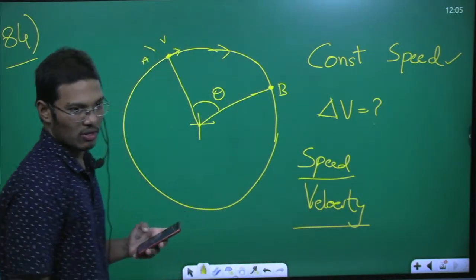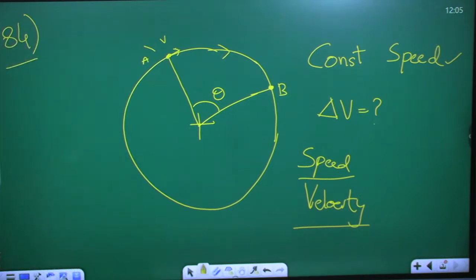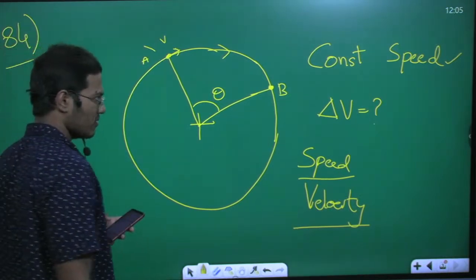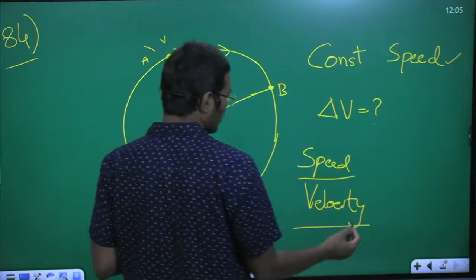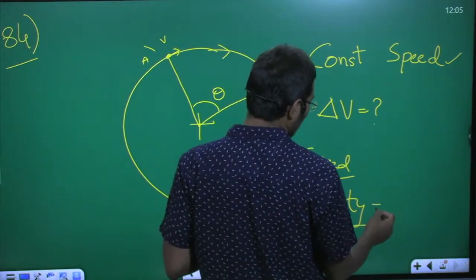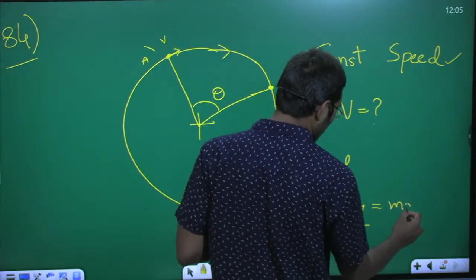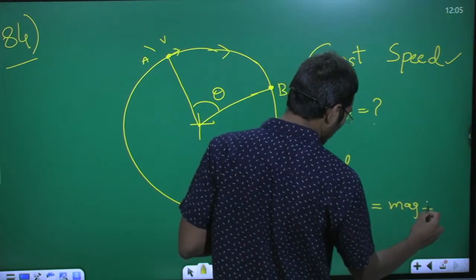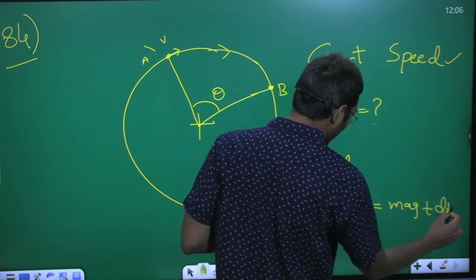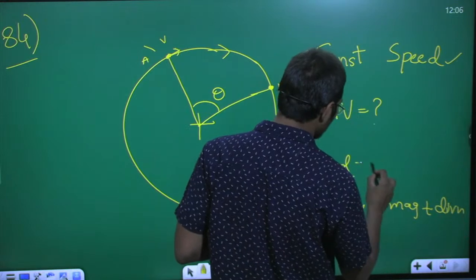So how do you differentiate speed and velocity? Velocity has both magnitude and direction. Speed has only magnitude.